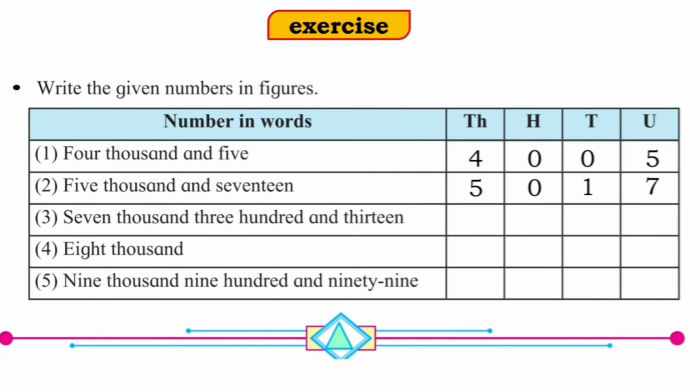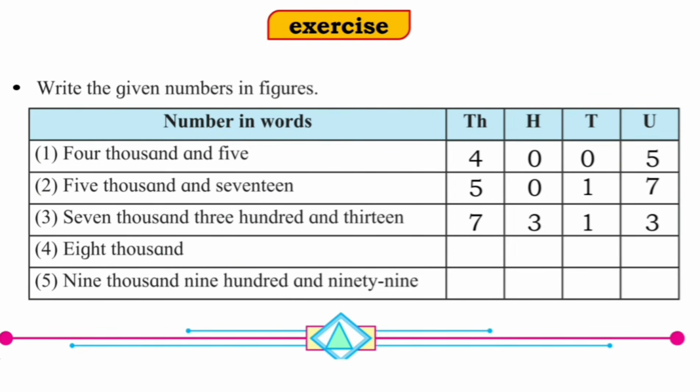The next number is 7317. So we will write 7 in thousands place as we have 7000 over here. Okay. Now 300. So we will write 3 in hundreds place and 13. 13 has 1 ten and 3 units. So we will write 1 in tens place and 3 in units place.